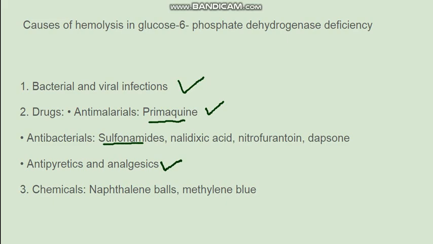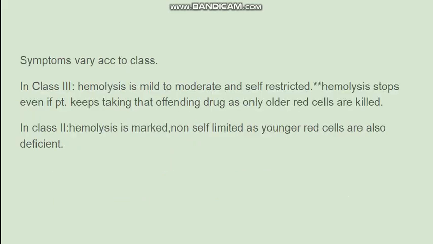Then there are many chemicals like naphthalene balls, methylene blue. Whenever the body is exposed to these chemicals, they act as an oxidant stress condition, and these can further cause an increase in hydrogen peroxide, which can cause an increase in hemolysis, and then the symptoms will come. Okay, so the symptoms can vary according to the class.